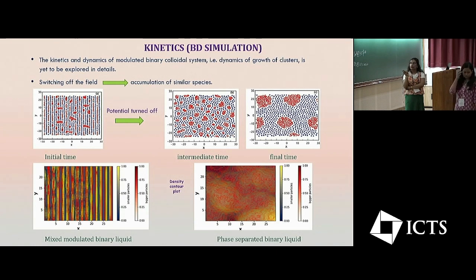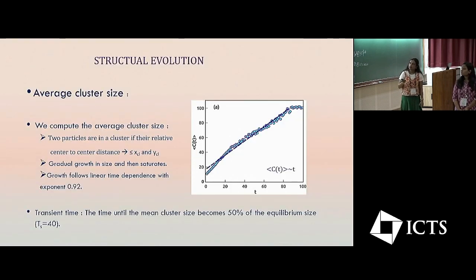If I could show many more intermediate configurations here, it would be more visible that they are moving before reaching saturation. Here, the cluster size gradually increases before coming to a saturation value. So this is during the growth process. Yes, I am looking at the kinetics during this transient state where the clusters are gradually growing.